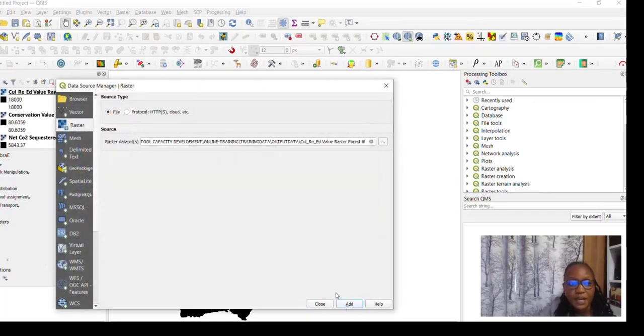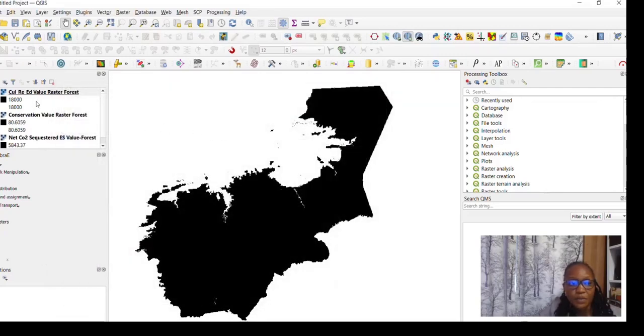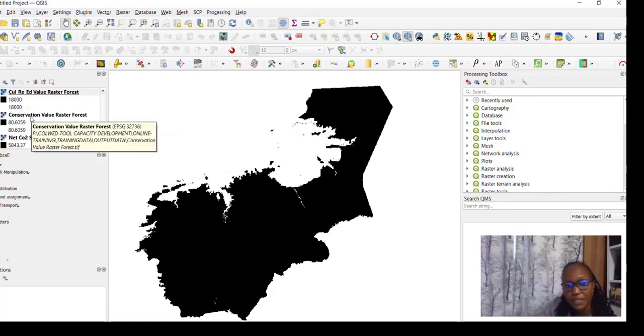We open it and add it there. You close, you can see that the cultural recreation education value raster, it's an indirect mapping raster that has input the value that could have emanated as a result of tourism, as a result of appreciating the nature that we have. And there is a value of 18,000, could be local currency, could be in dollars.